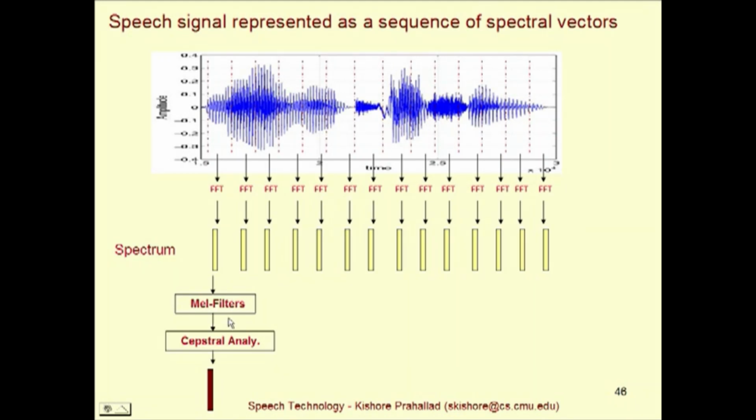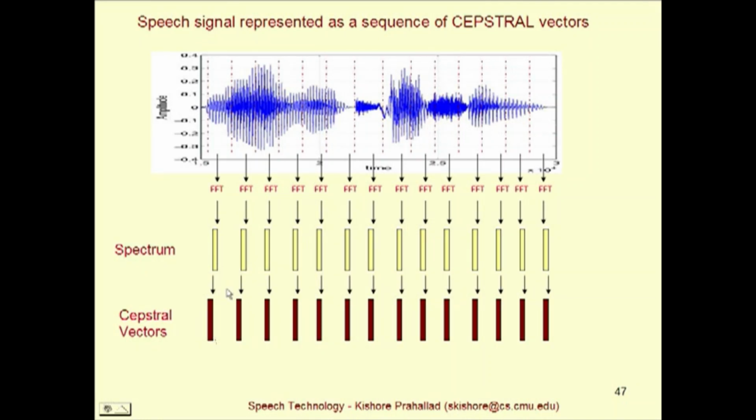Once you apply MEL filters, what you get is the MEL spectrum, and the MEL spectrum goes through cepstral analysis. Then you get the spectral envelope, denoted as h of k, which is referred to as cepstral coefficients. You do the same process for all the analysis windows, and ultimately you get a sequence of cepstral vectors. So the speech signal is represented as a sequence of cepstral vectors.